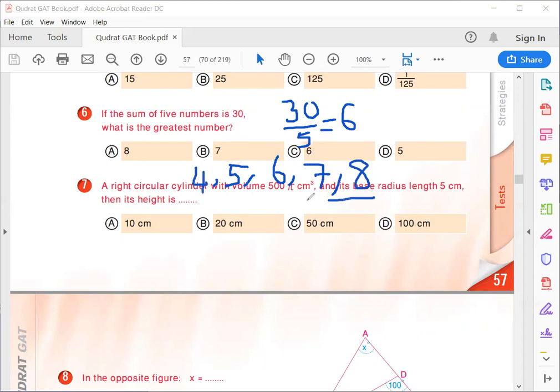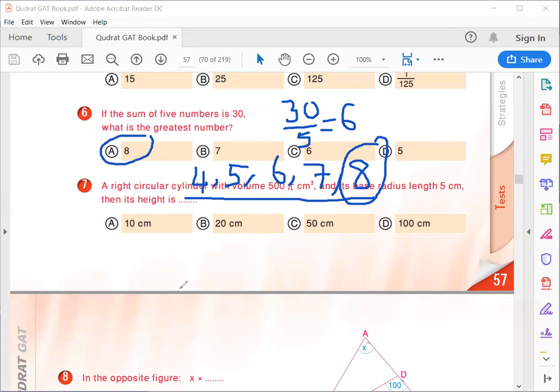Now I have 5 numbers. What is the greatest number? It is 8. Right? So the answer is A.